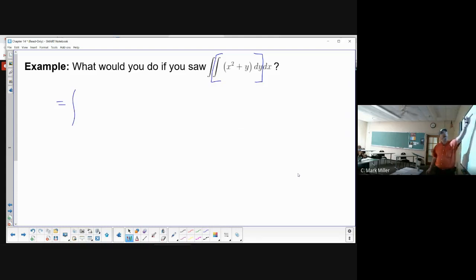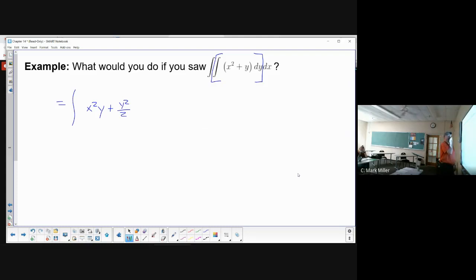X squared is a number. If that were 4, and we were integrating 4 with respect to y, it'd be 4y. We're integrating x squared with respect to y, so it's x squared y. X squared is a constant, like a number. And then we're integrating y with respect to y, and that's going to be y squared over 2.